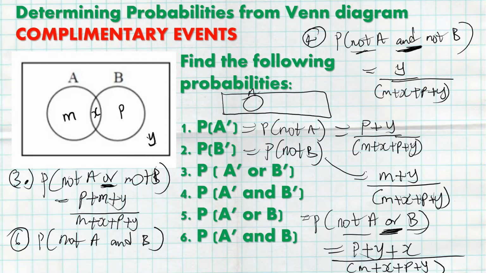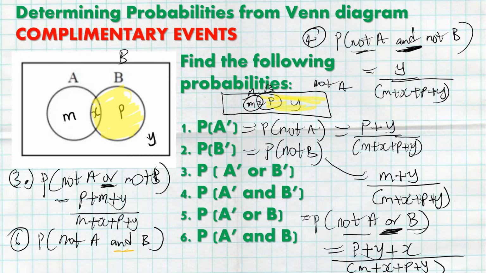We have A, we have B, we have M, X, P, Y. Okay, so I'm just gonna name that one not A and I'm just gonna name this B again, right? So not A is everything that is found outside A. So there we go. And B is everything that is found in B, right? So the difference here is that this one says and. Can you see?